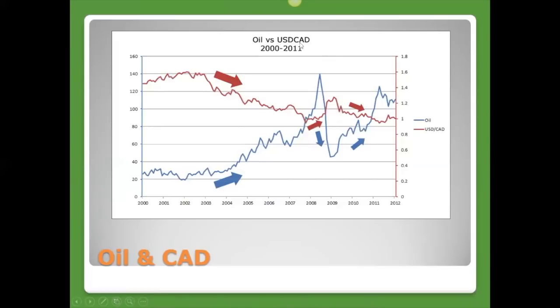So they will move in the opposite direction. Oil and Canadian dollar move in the same direction. Oil and dollar CAD will move in opposite directions because US dollar is the first currency of the pair. So that's what we are going by.